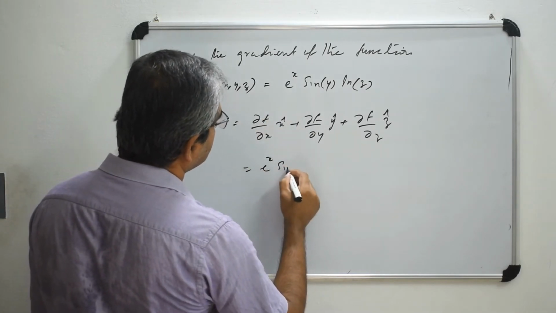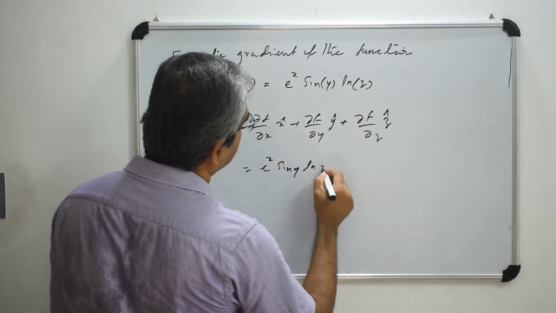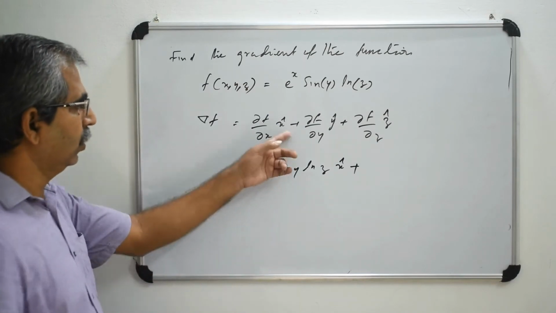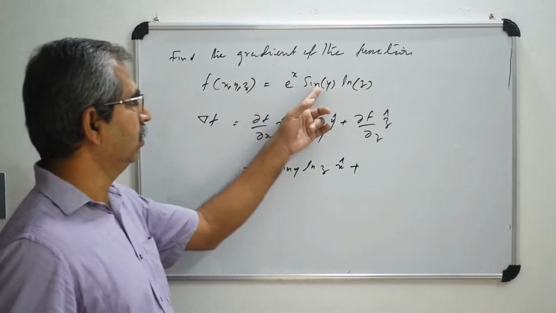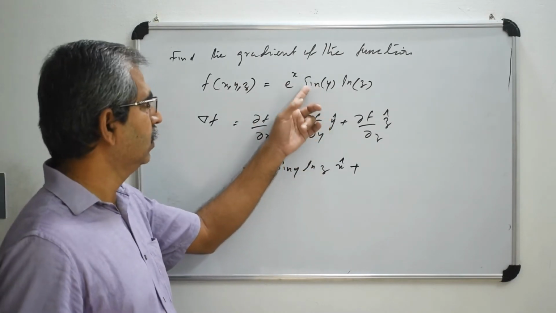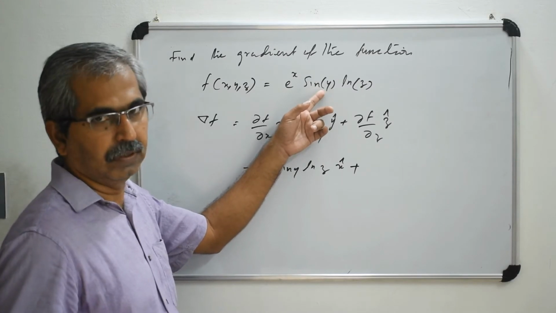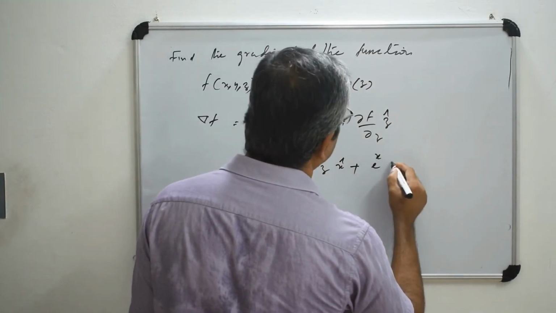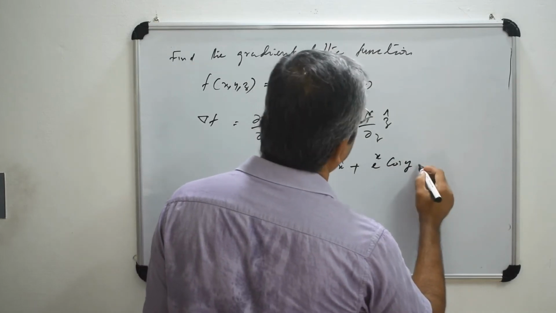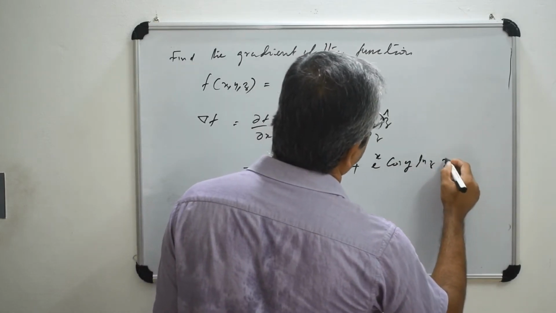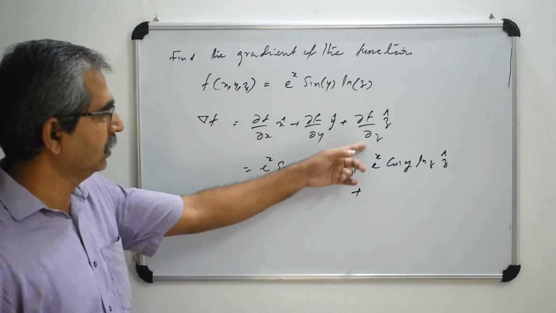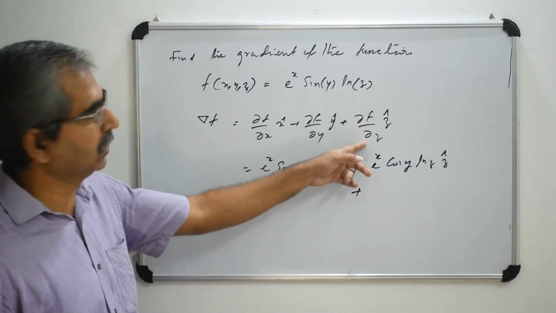So e raised to x sin y log z into x cap plus dou f by dou y. So this is a term with respect to y. So sin y derivative will be cos y. So you can write it as e raised to x cos y log z into y cap plus the third term is dou f by dou z.